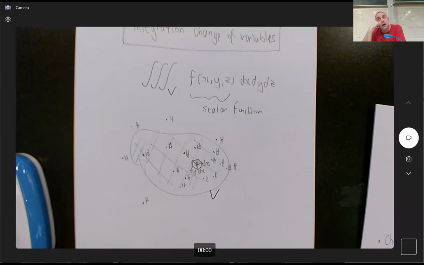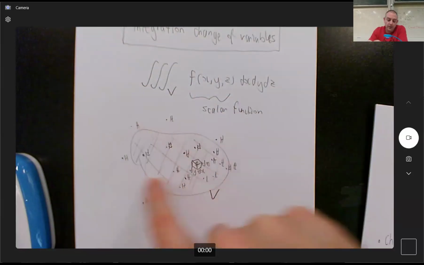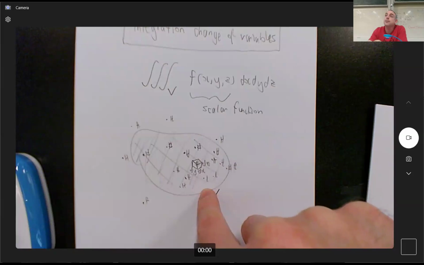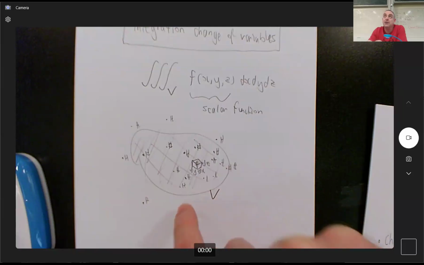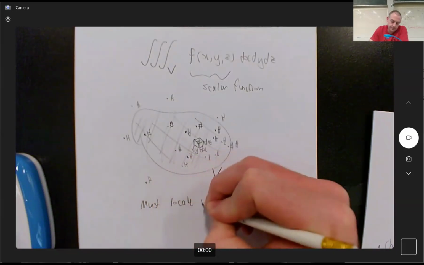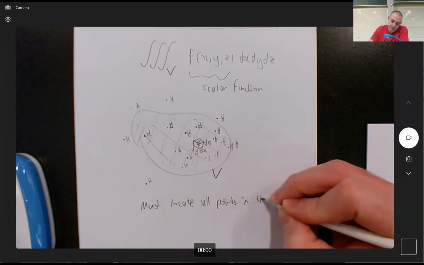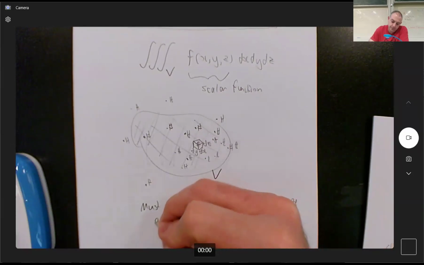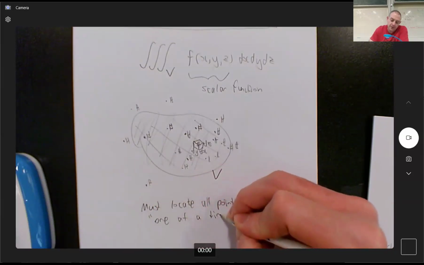And so the only way to be absolutely certain what this number is, is to locate every point in this volume. So you have to describe how to figure out the location of every point in that volume, one point at a time. Not really one at a time, but close enough.